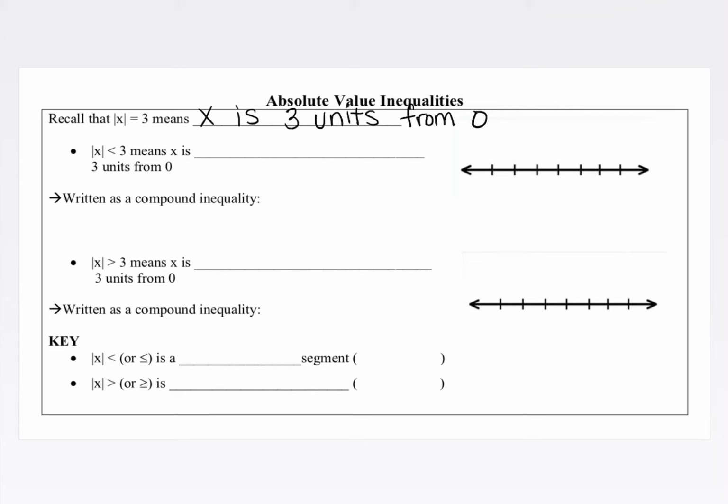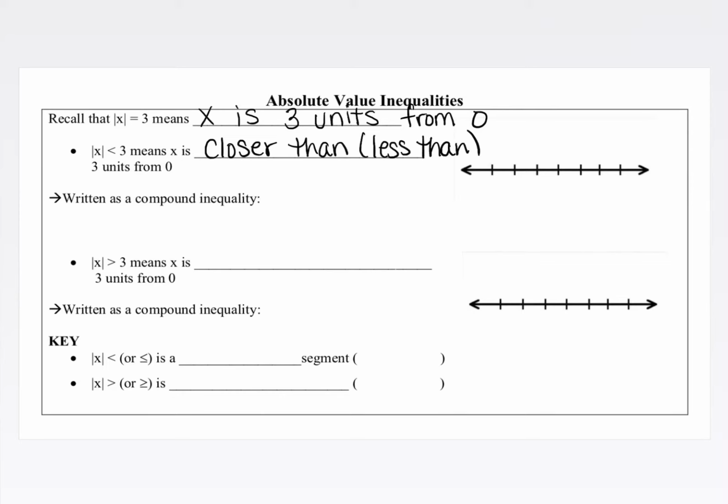If we think of the absolute value of x is less than 3, this means that x is closer than, or less than, 3 units from 0.